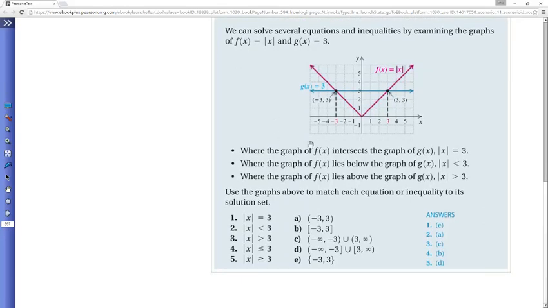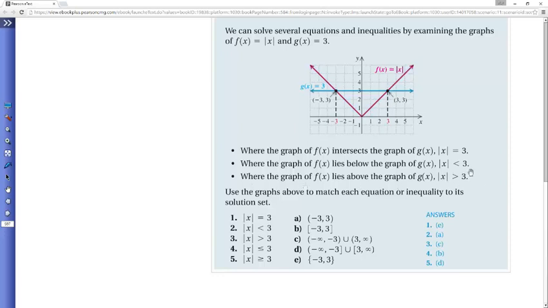So where the graphs intersect, they're showing these 2 points of negative 3, 3 and 3, 3. The graph of this would be absolute value equals 3, right? Where the graph lies below this graph is the absolute value is less than 3.